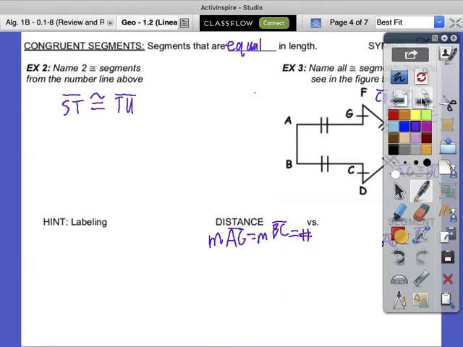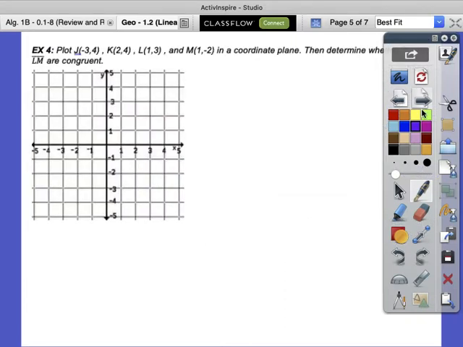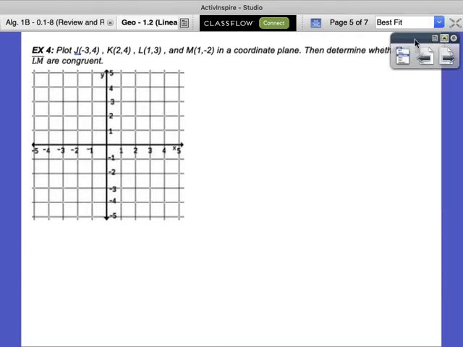What about labeling? That's part of this hint. Yep. It's a labeling thing, okay? So we're going to plot these points, plot J, plot K, plot L, plot M in the coordinate plane. Then we're going to determine whether segments JK and LM are congruent or not.